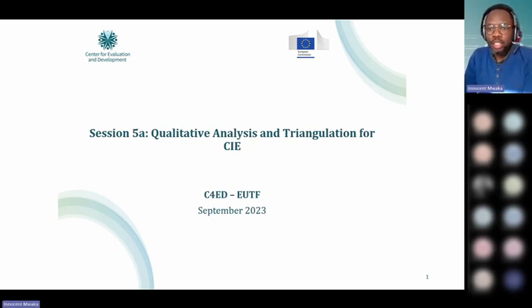Most of the Eutf evaluations that C4ed is doing apply a mixed methods approach. This basically means combining quantitative and qualitative approaches in the whole evaluation. In the past couple of hours and also yesterday, you've heard a lot about quantitative analysis. In this session, I want to introduce some of the elements of qualitative analysis.